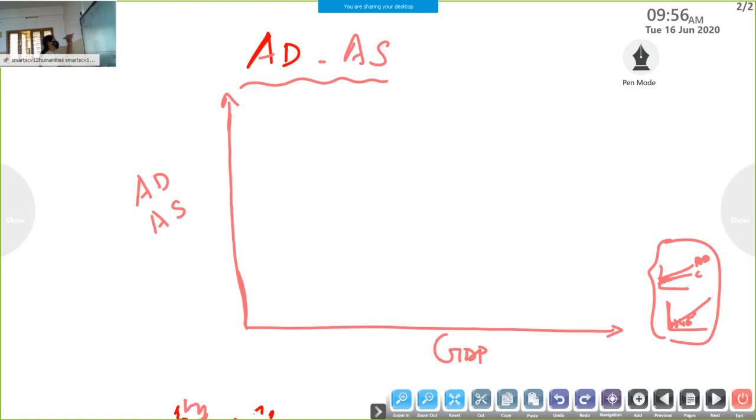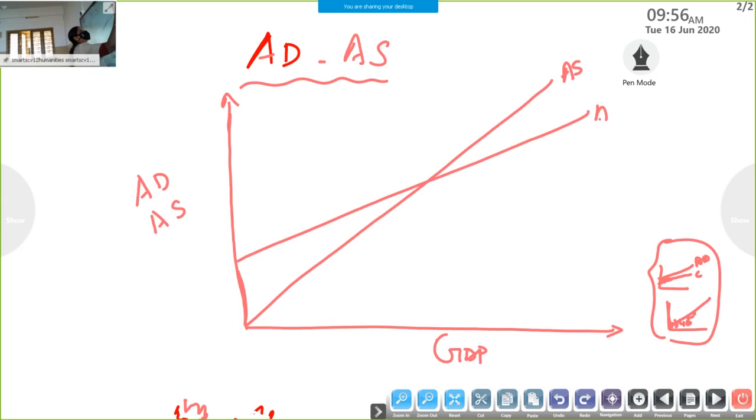So this curve is AS and this is AD. Instead of AD, you can write here C plus I. What are the components of aggregate demand?